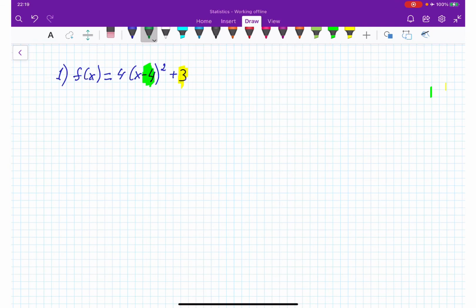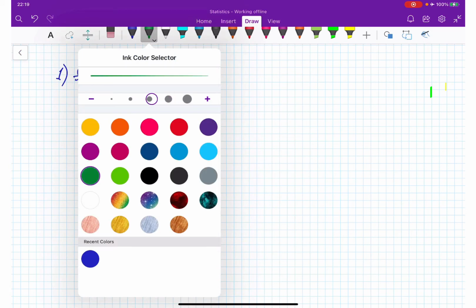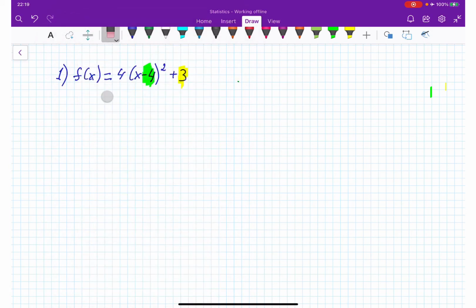If it says x minus 4, then it's going to shift towards positive 4. Why? Because when I take x minus 4 equal to 0, x is equal to positive 4.